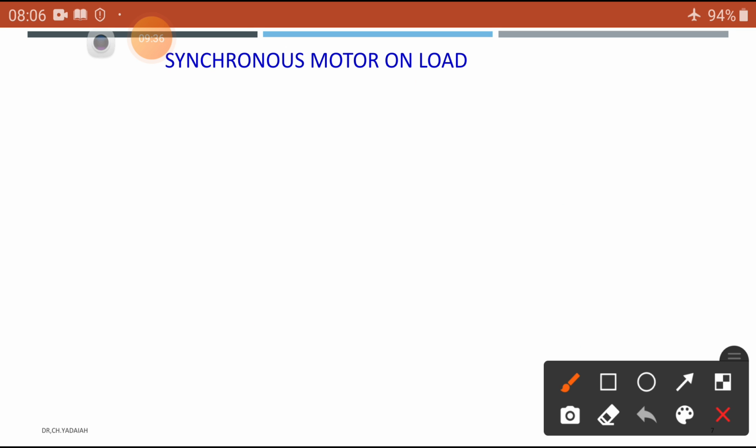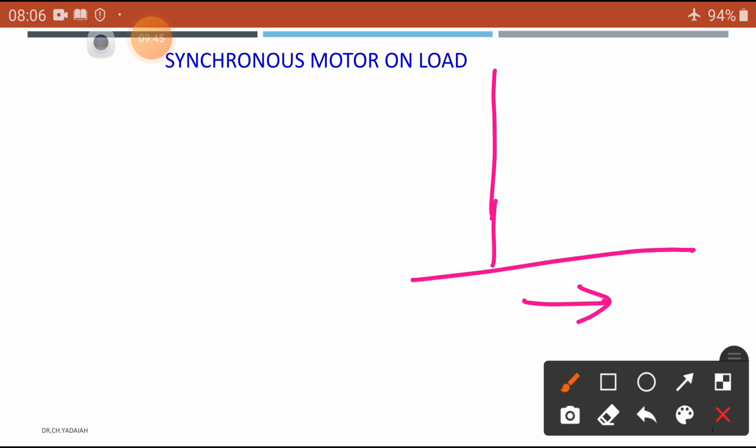As we know, you have already drawn curves, and this is the load angle. Here we take power, or you can say torque T, where T is equal to P by omega. The same power and torque are on the y axis, whereas the x axis is the load angle theta or alpha.